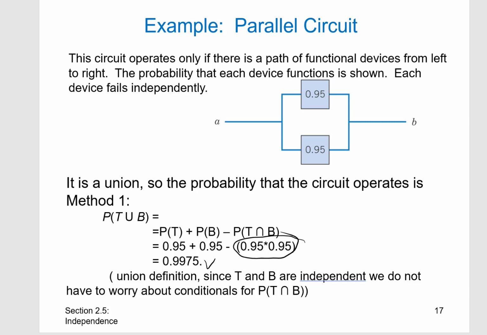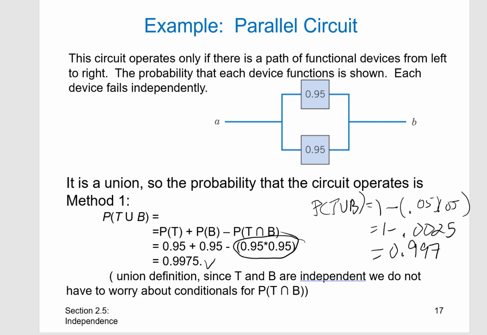And again, if I had to use the other method, the circuit working as 1 minus the circuit not working, I would have taken 0.05 times 0.05, and I'd subtract that product from 1, and you get the exact same answer.